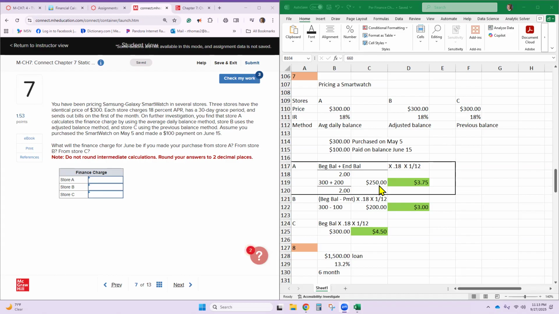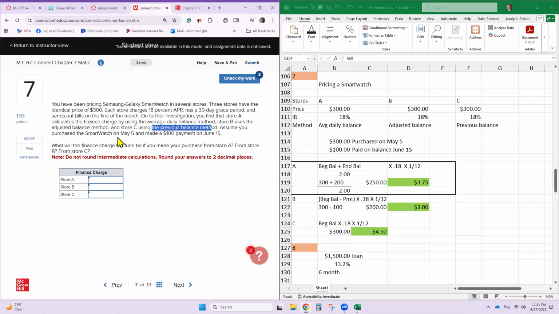But I think there has been some standardization by the government here in recent times, but we have a method. So credit cards can use a method called, once again, the average daily balance method. Okay, so A, it says the average daily balance method. Store B uses the adjusted balance method, and Store C uses the previous balance method.